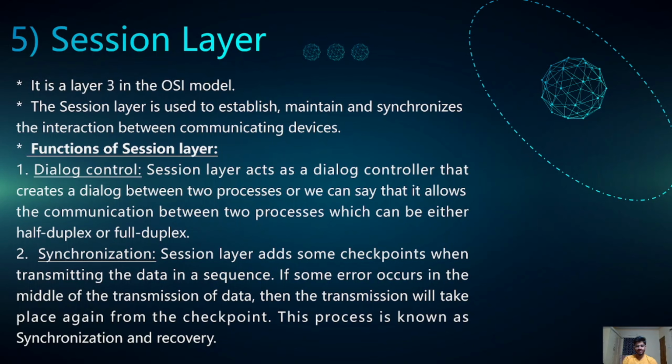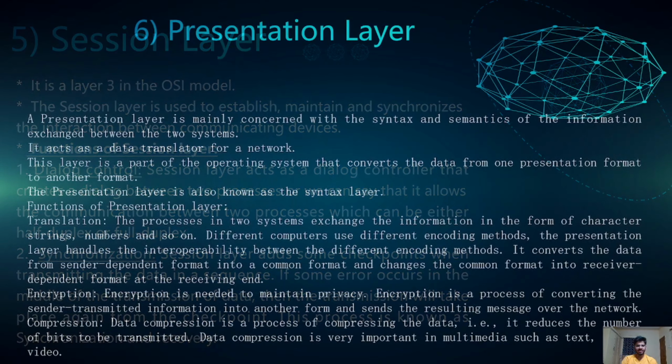And we have synchronization. The session layer adds some checkpoints when transmitting the data in a sequence. If some error occurs in the middle of the transmission of data, then the transmission will take place again from the checkpoint.